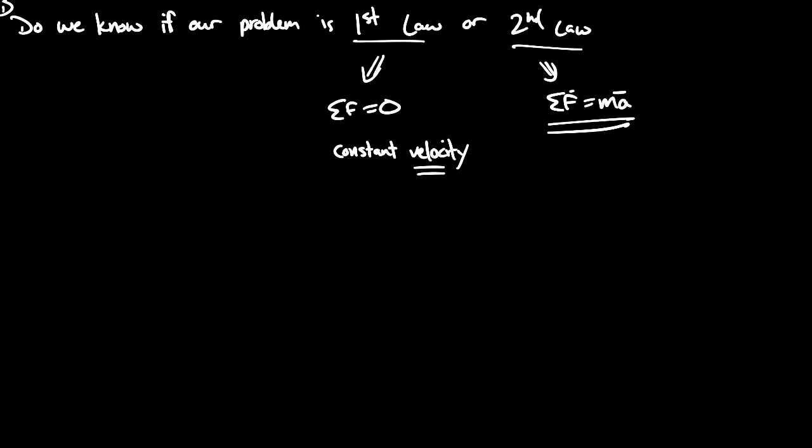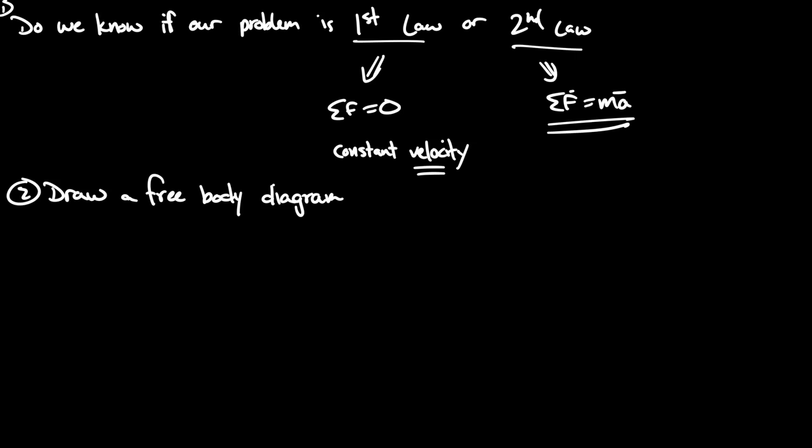Now, although this is the best way to start, by seeing if it's a first law or second law problem, the next thing you have to do in any situation is draw a free body diagram. And let me just be very, very clear. You will have to do this on the AP exam for credit.